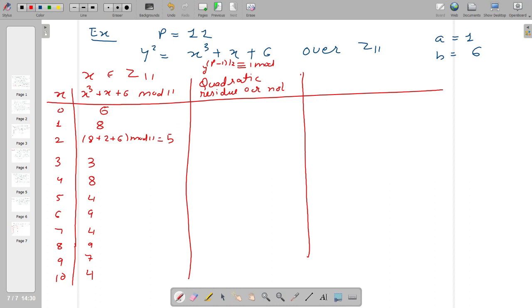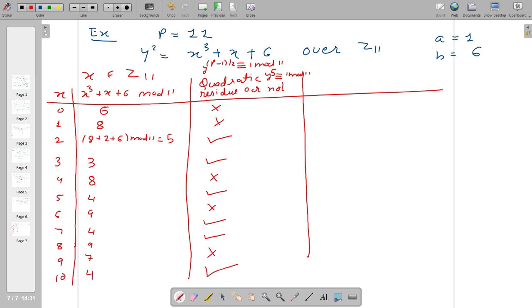Here p is 11, so y to the power (11 minus 1) by 2, which is 5, is congruent to 1 mod 11 or not. So this is the value of y. When we check, it comes out that this is not, yes this is a quadratic residue, yes this is a quadratic residue, 4 is not, 5 is yes, 6 is not, 7 is yes, 8 is yes, 9 is not a quadratic residue, and 10 is yes a quadratic residue.